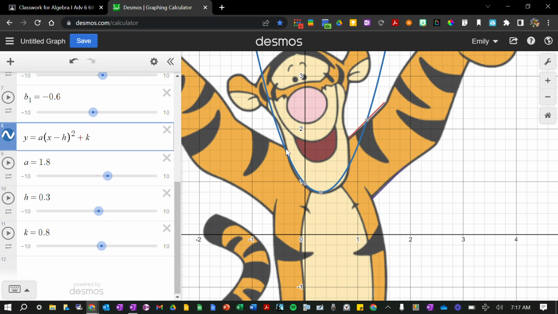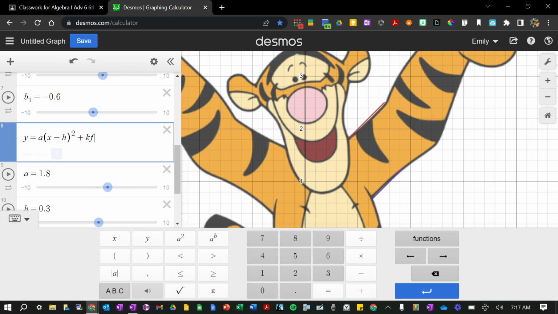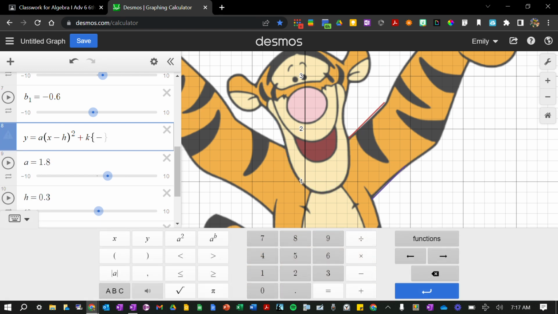So I'm going from -0.373 to +0.835. So again, I'm going to say -0.373 is less than or equal to x is less than or equal to 0.875, was it? I can't quite remember. I think so. And again, it does the same thing. It cuts off my parabola right there.